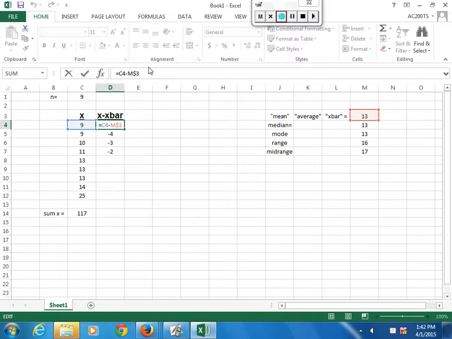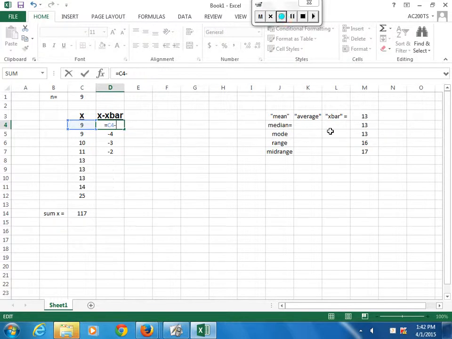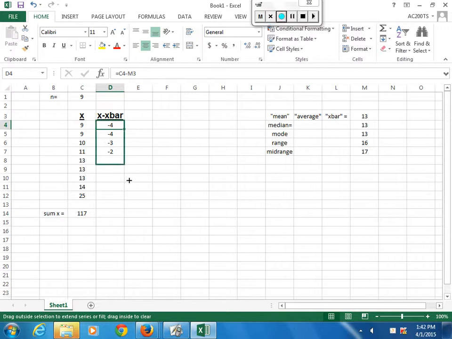I'm going to show you what happens when you don't lock it. Okay, it locked it anyway. All right, forget it. What happens sometimes if you don't lock it, it'll say 9 minus 13, and then when you copy it down to the second one, it's going to say 9 minus 13, well, it's the same.